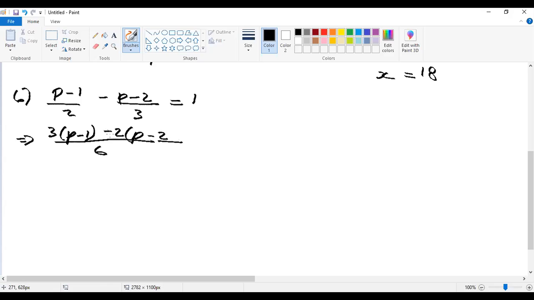Notice I arrive at the negative sign here. It comes from the negative sign. I bring it down and I put the factor here. All of this equals 1. Then I can simplify. 3p minus 3, this is minus 2p, and then here now plus 4, equal 1, all over 6.